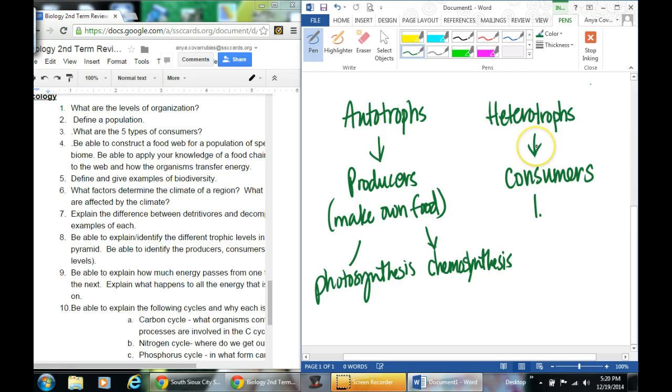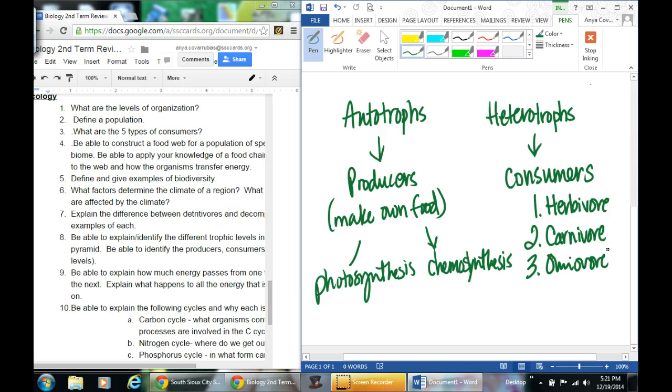Our first one is going to be our herbivores, and herbivores are going to eat our plants, our producers. Our second level is going to be our carnivores, and our carnivores are going to eat meat. Then there is our omnivores, and omnivores are going to eat both plant and meat.